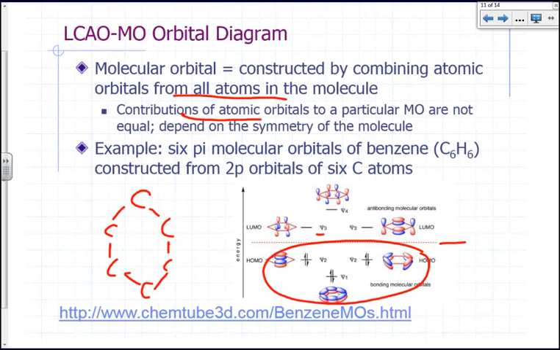This dashed line in the diagram represents the energy level of the 6 p orbitals of the 6 carbon atoms. Any molecular orbital that is lower in energy than the atomic orbitals themselves is what we call a bonding orbital, because by forming those orbitals the molecule has achieved some kind of stability. The orbitals up here that are higher in energy than the atomic orbitals they come from are known as antibonding orbitals.